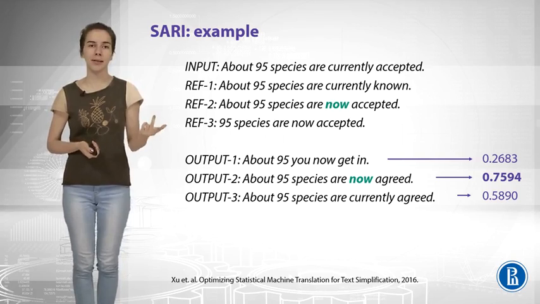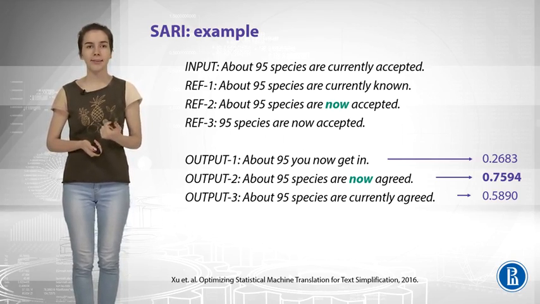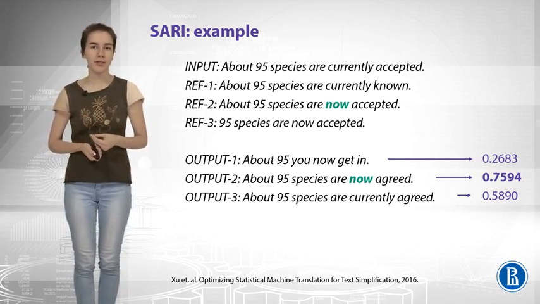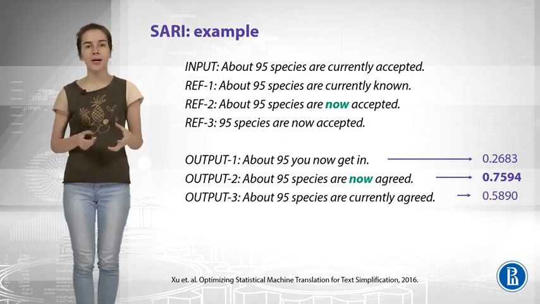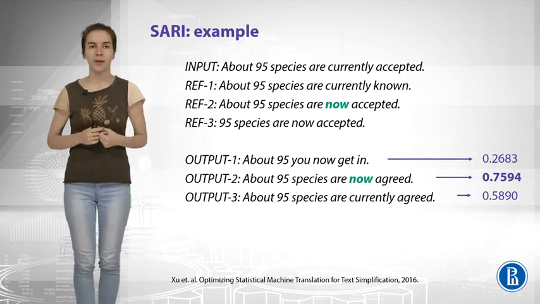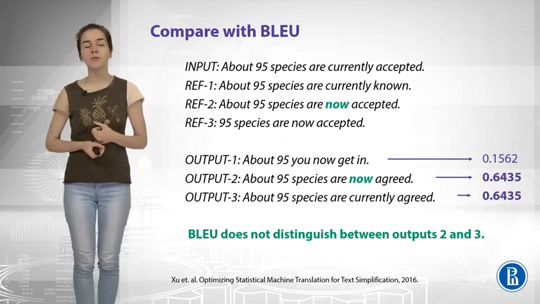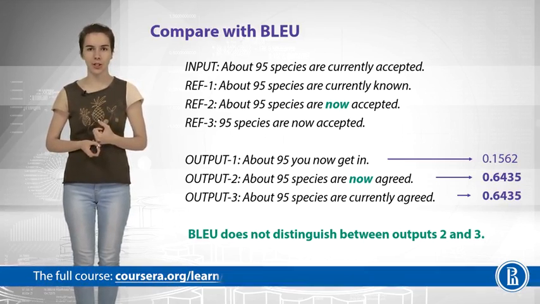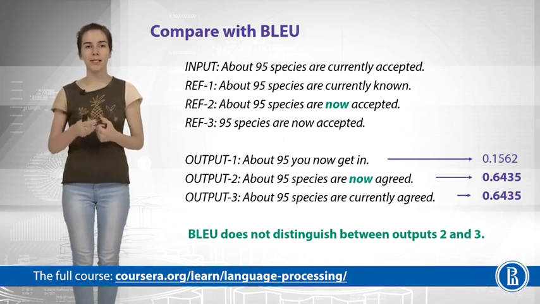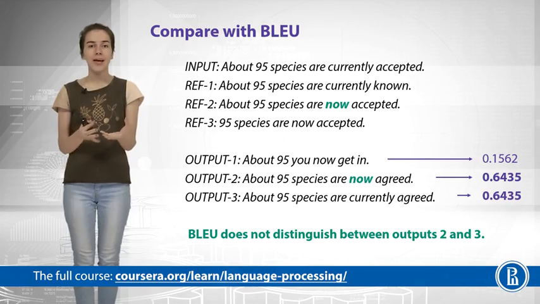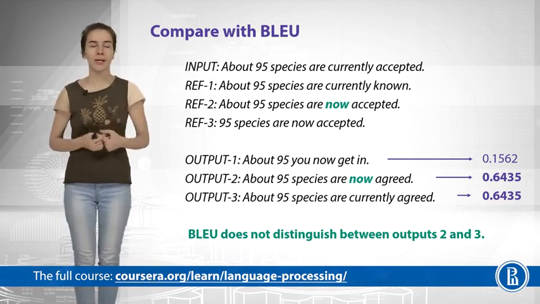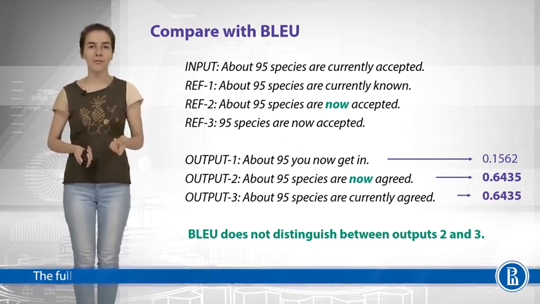We had "currently" in the input. And this score can distinguish this, because we compare everything with the input. It doesn't happen for the BLEU score for machine translation. There, we compare just output and reference, and the BLEU score thinks that system number 2 and system number 3 behave just the same.